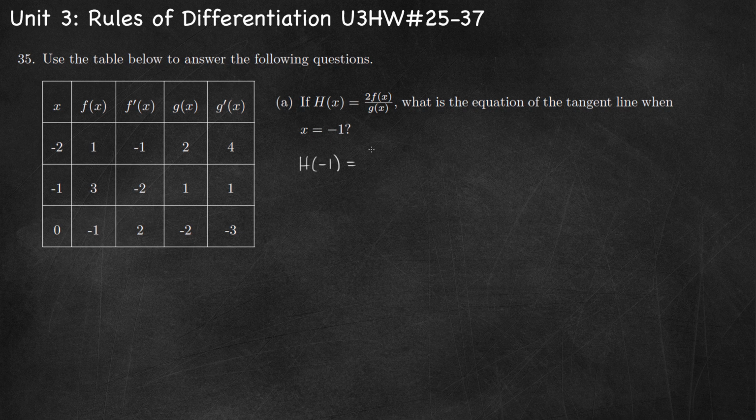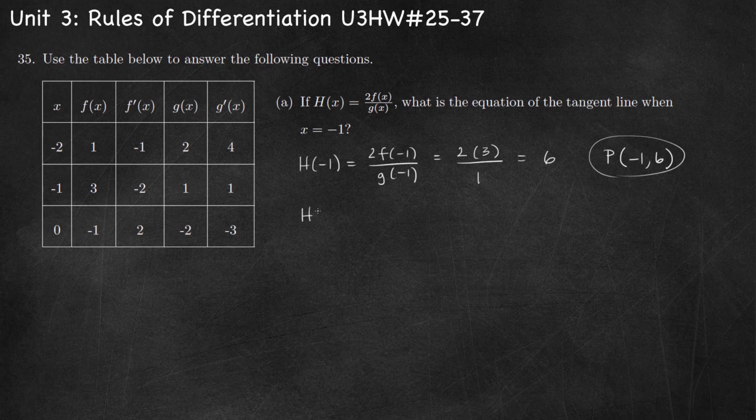H of negative 1 is 2 times f of negative 1 over g of negative 1. So that's 2 times, and then f of negative 1 is 3 over g of negative 1. G of negative 1 is 1. So that's just 6. This is going to give us our point of tangency at negative 1 comma 6.